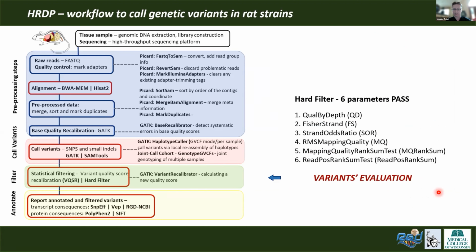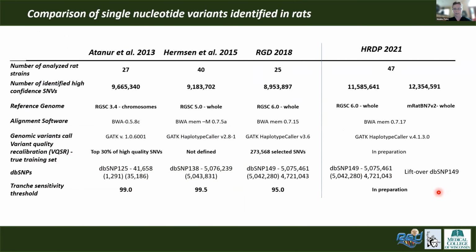To be a valid variant, currently we are providing data where each variant has to pass all 6 parameters. These are stringent criteria, and it is another way of minimizing false positives. In the future we will need to adjust and rescue some of the false negative results.